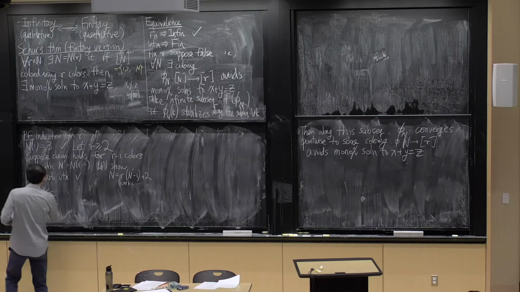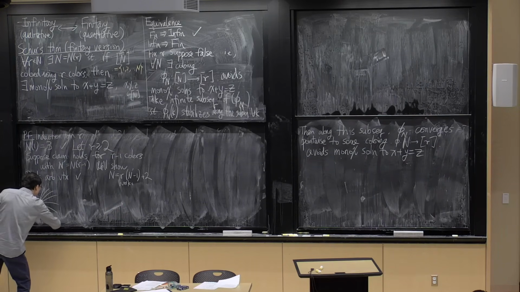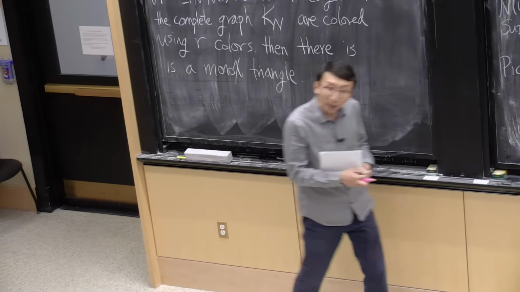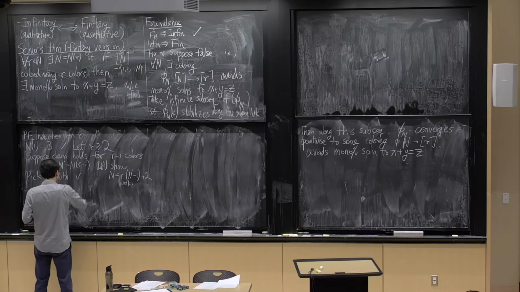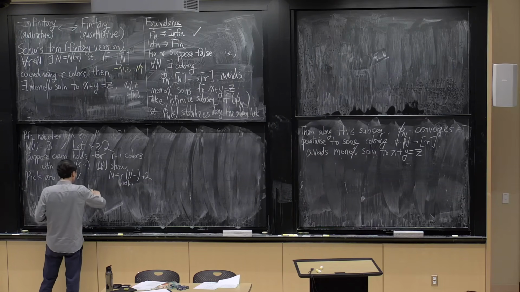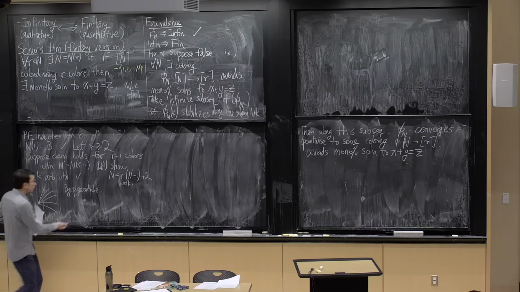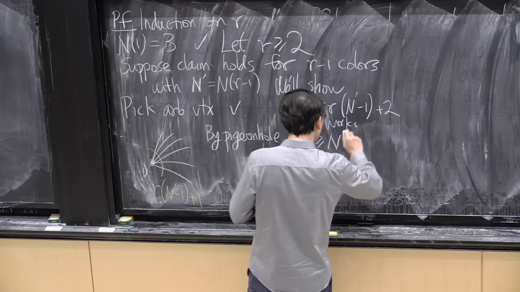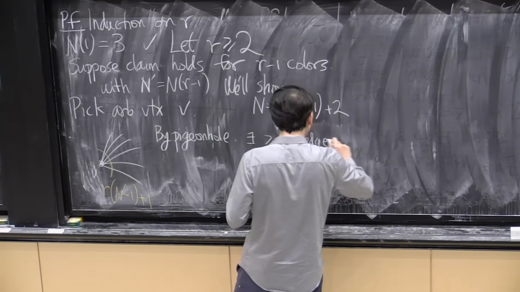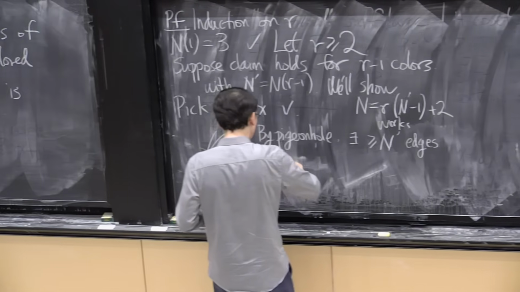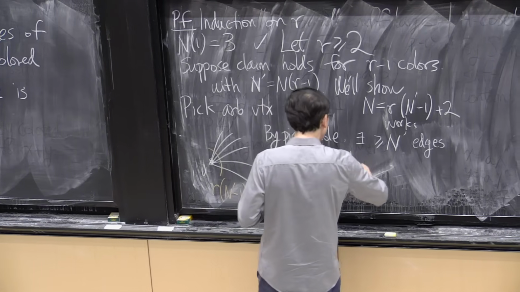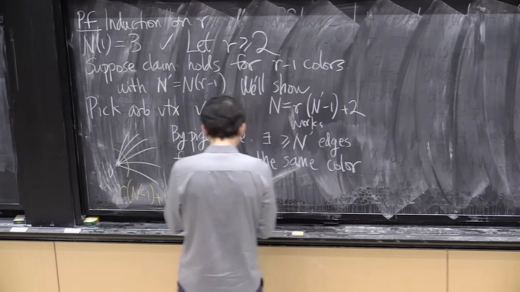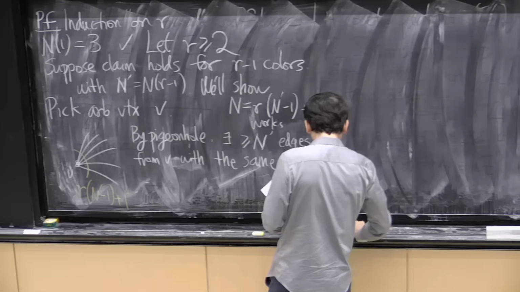And in particular, we have R times (M prime minus 1) plus 1 outgoing edges. So by the pigeonhole principle, there exists some color with at least M prime outgoing edges of the same color. Let's say yellow. Okay? So suppose yellow is the outgoing color.